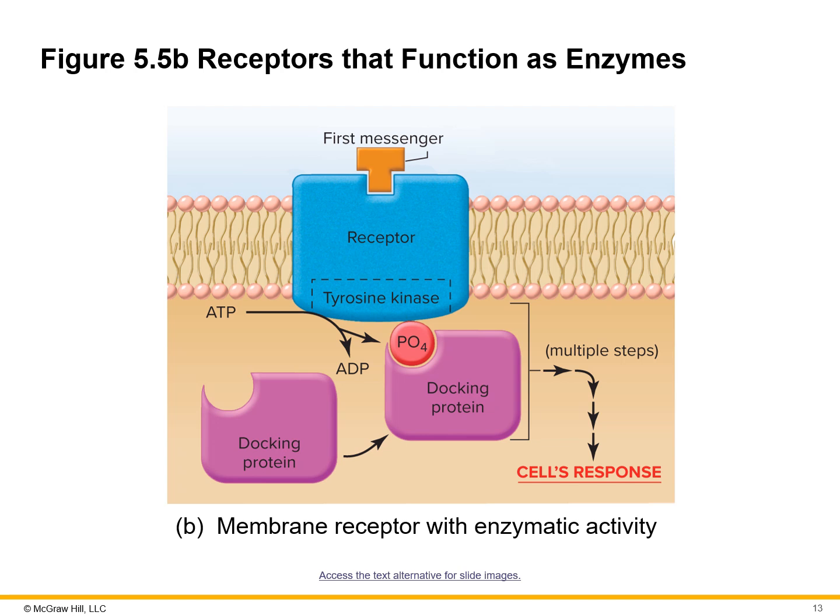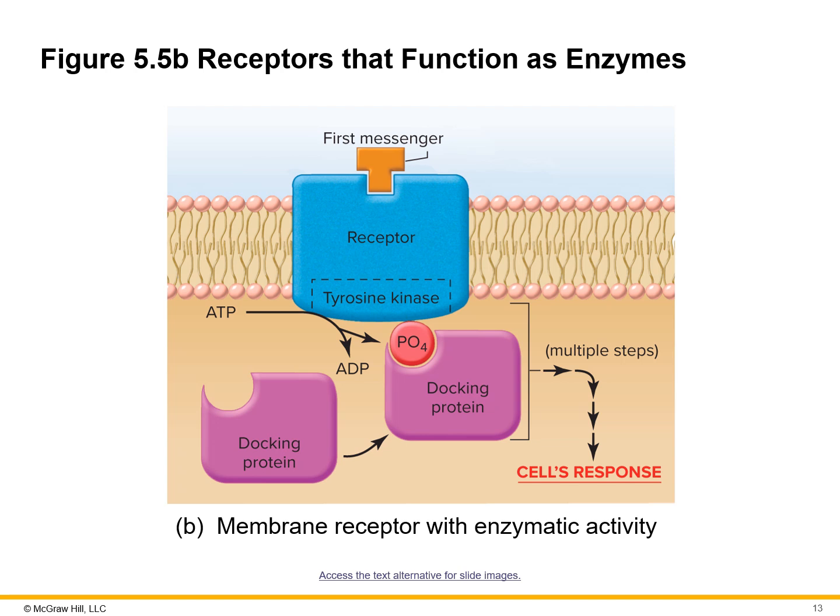This enzyme is going to speed up the process of that phosphate binding to the docking protein. The docking protein is sitting in the cytoplasm. The ATP is floating around the cytoplasm. Why? Because cellular respiration made it in a mitochondria from your food, and it's ready to break off this PO4.